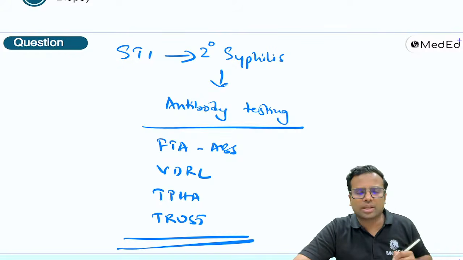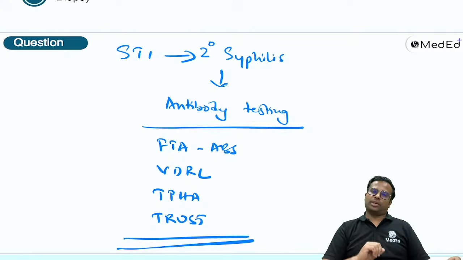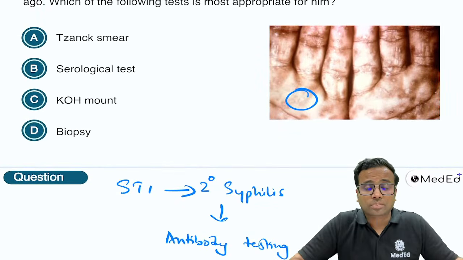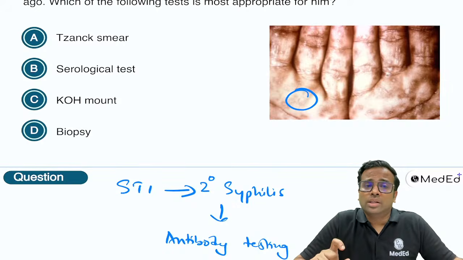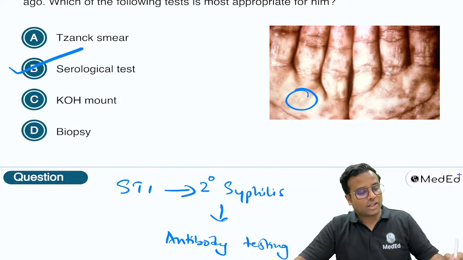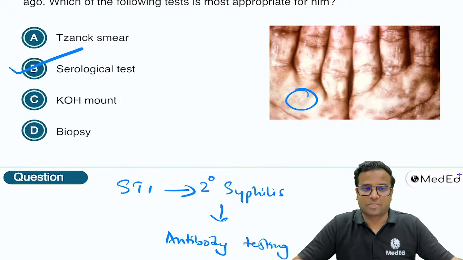So all this comes under the antibody testing for syphilis. So now let's come back to the options. Dark field microscopy, serological test, KOH mount, biopsy. Now what's the answer? Yes, very good. The answer should be serological testing.